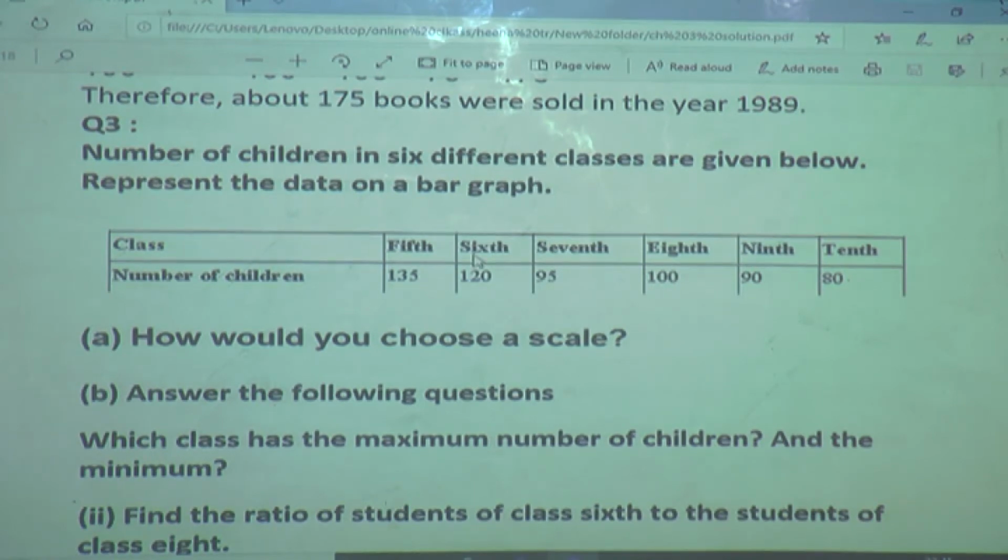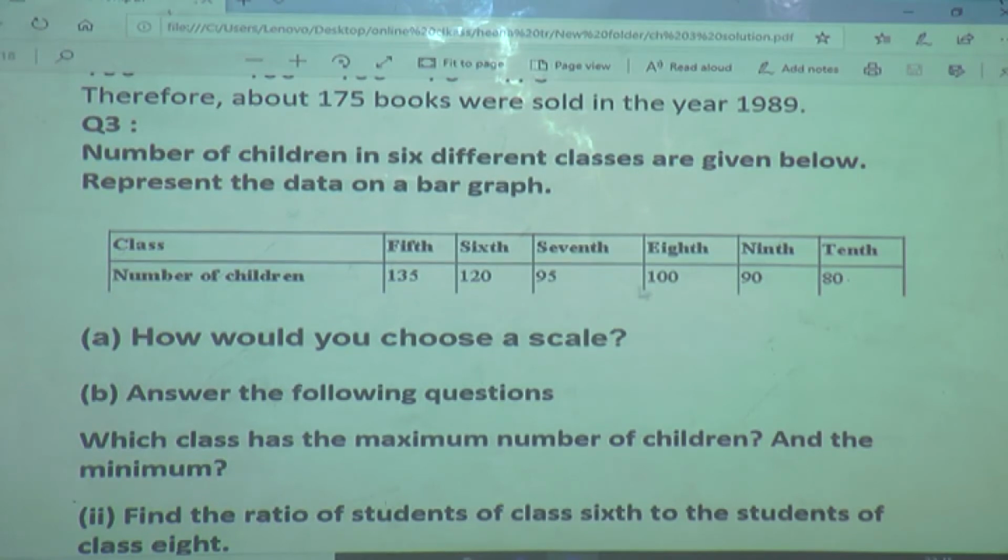So first, bar graph means we have to plot the graph. We have to carry graph paper and first find both the scales on the x-axis and y-axis, and then you have to see what is given in the tabular form. The classes are given, which will be written on the x-axis, and the number of children given here we have to write on the y-axis.